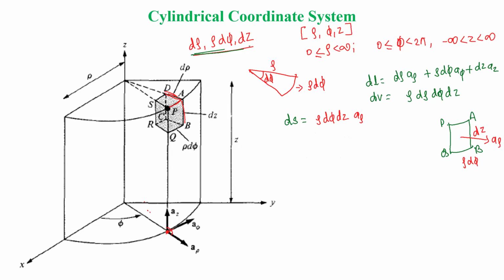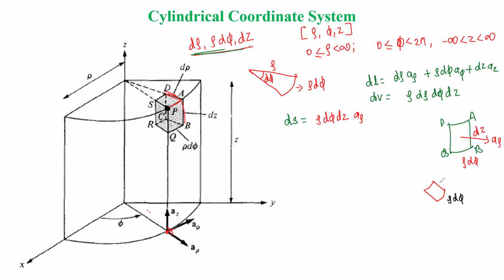Similarly, we'll take another surface. Suppose we are taking the top one. So this top one, how it is going to look here? So for that, we have shape in this format. So finally, if you try to find, this length is again rho d phi.